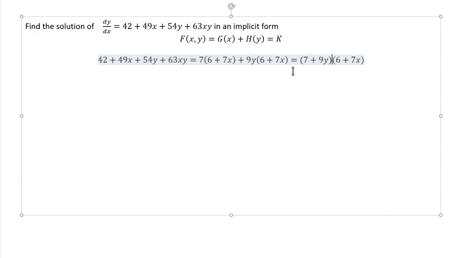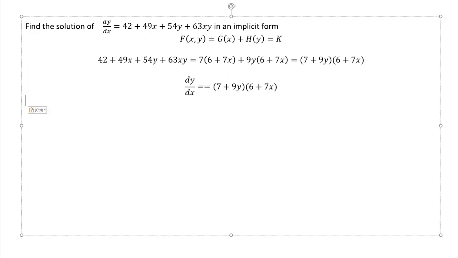Okay, and now you see that we have successfully rewritten the right side as a function of y and a function of x. Now let's continue on. So we now have dy over dx equal to this. And to separate this, I have to divide by 7 plus 9y, so that goes on the left side.